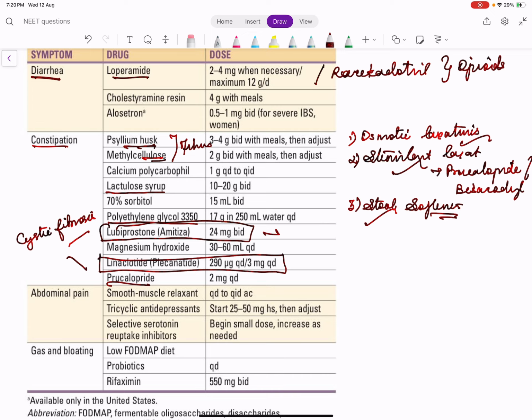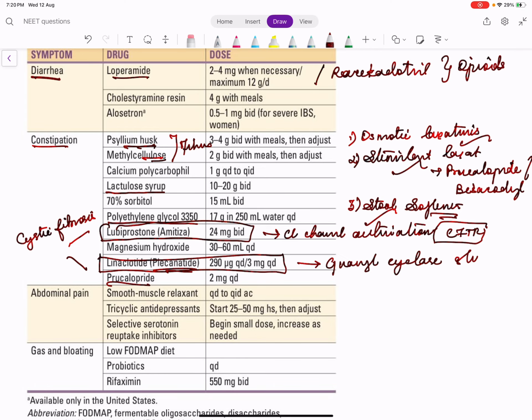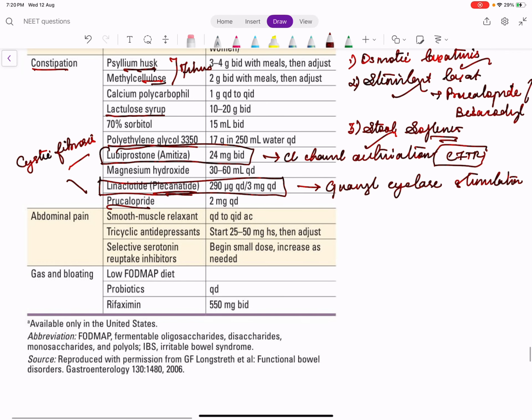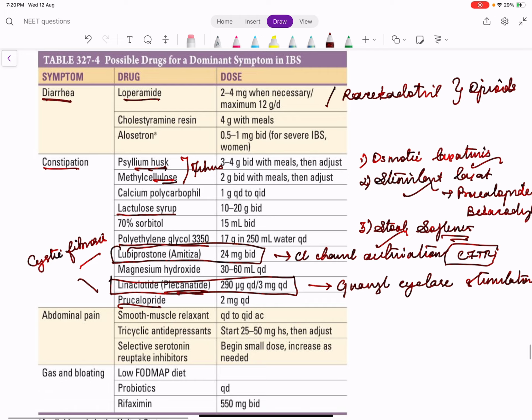This lubiprostone is a chloride channel activator. The chloride channel which is affected in cystic fibrosis is CFTR. So CFTR activator is lubiprostone. Linaclotide is a guanylate cyclase stimulator. When this is stimulated, there will be excess secretion, right? So this is for the diarrhea and constipation part of IBS.